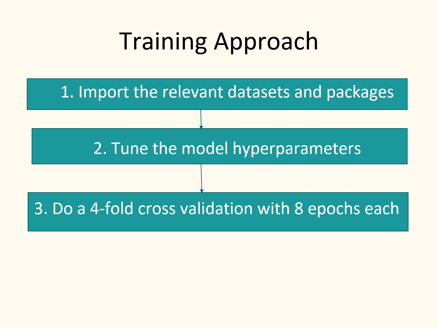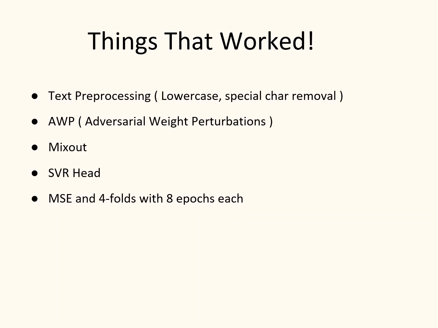What was our training approach? We imported the relevant datasets and packages first. Then we tuned the model hyperparameters and did four-fold cross-validation, and every fold has 80 epochs with a batch size of 16.